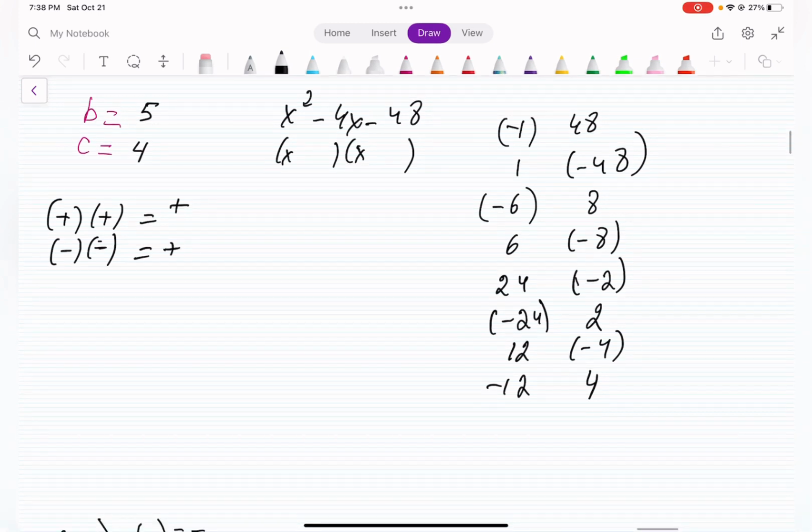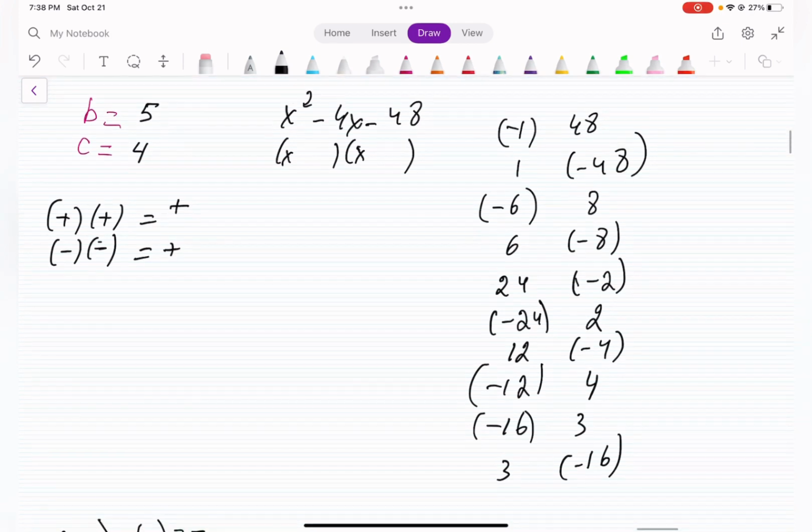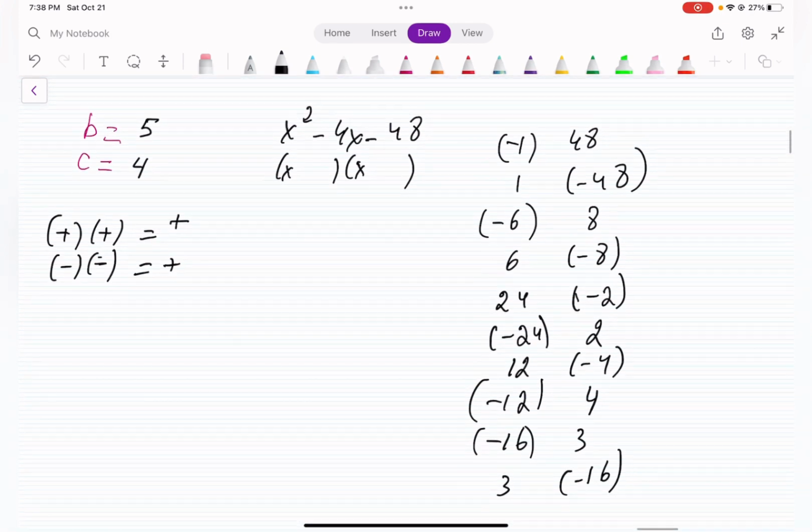16 and 3. Negative 16, positive 3. What else? Neither one will give us negative 4. I don't see here difference negative 4. So let's think what else. 4 and 12.